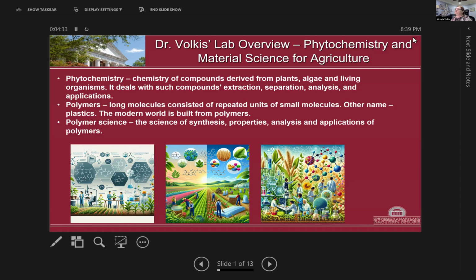But how many of you have heard, for example, about a material called starch? It's a part of a lot of things that we eat, right? So does it look like a typical plastic? No. It's actually a polymer where the pieces that you click together are sugars, and that's why we call it a polysaccharide.